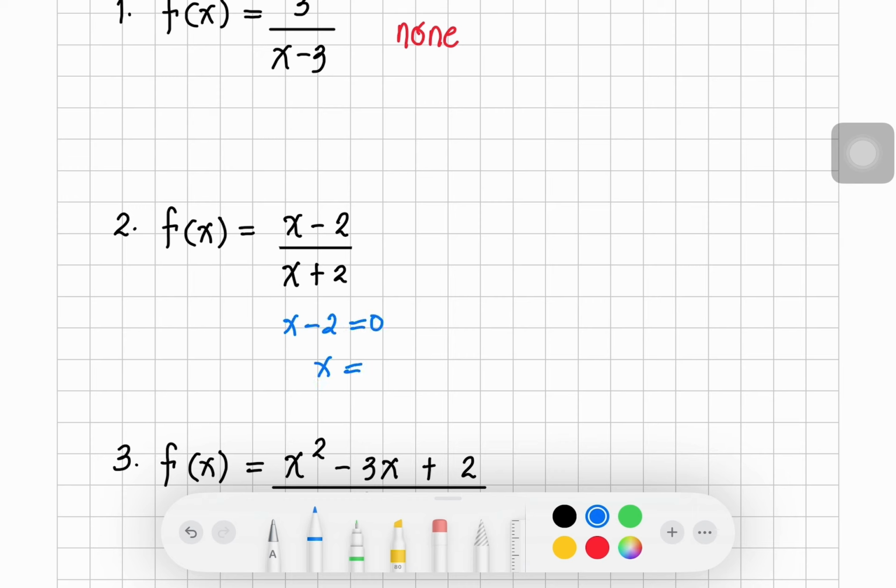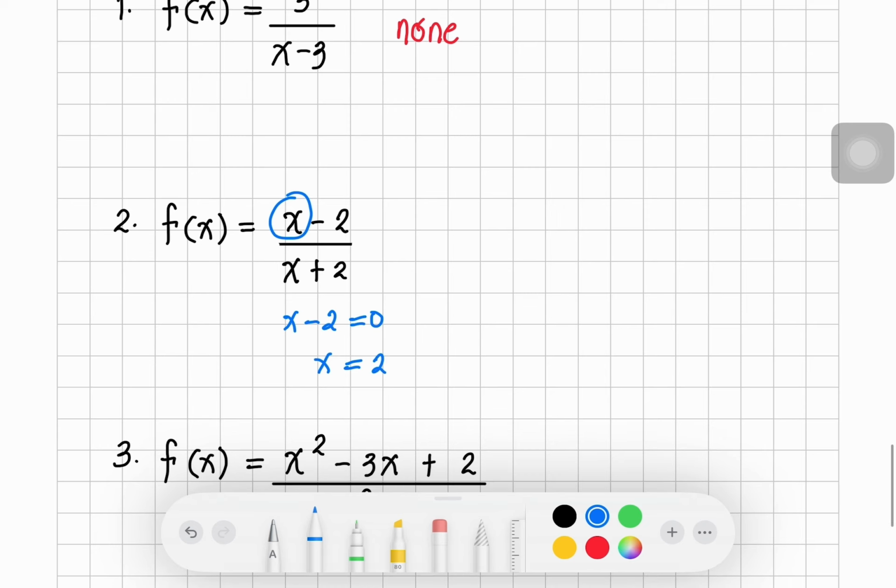It will become positive 2. So when x is equal to 2, 2 minus 2 equals 0. So 0 over 2 plus 2, or 0 over 4, magiging 0 yung whole function natin. Kaya nga, i-equate lang natin yung numerator by 0. So x equals 2.